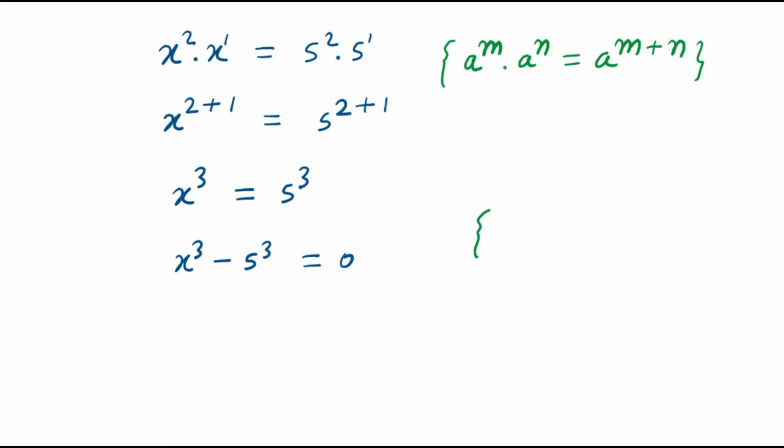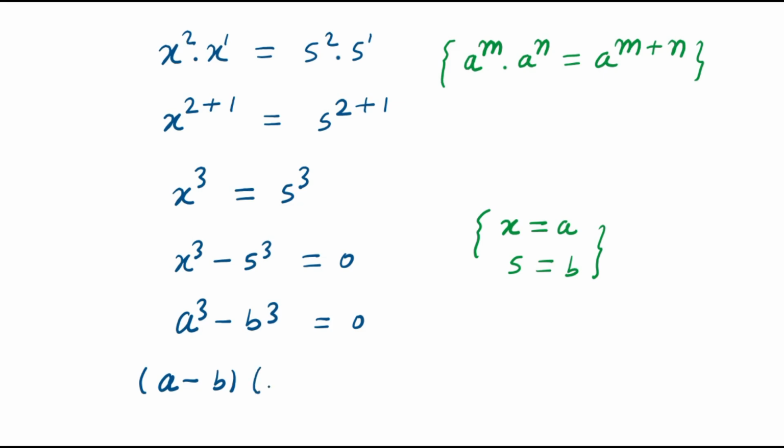If we substitute x equals a and 5 equals b, then a cube minus b cube is equal to 0, and the factorization of a cube minus b cube is a minus b multiplied by a square plus ab plus b square, equal to 0.